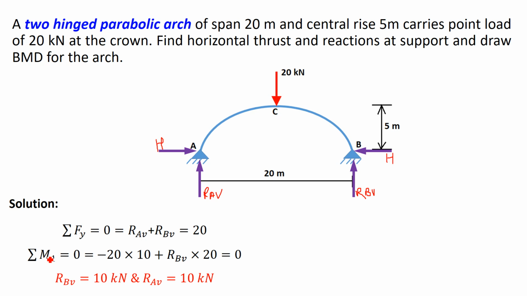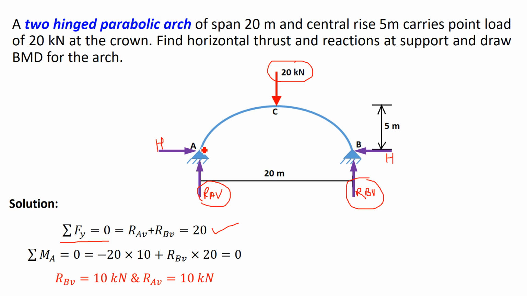We are not using summation of Fx equal to 0 because there is no horizontal load acting on the arch. So RAV plus RBV minus 20 equal to 0, so RAV plus RBV equals 20, equation number 1.